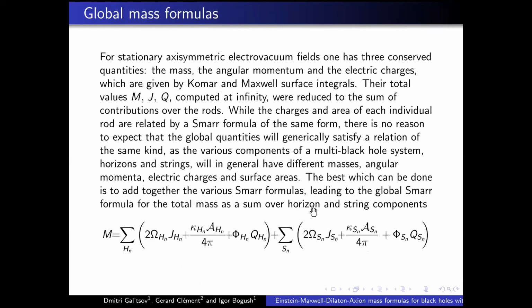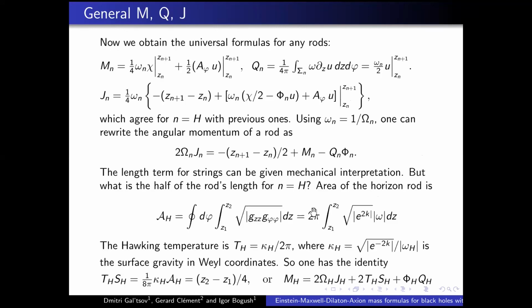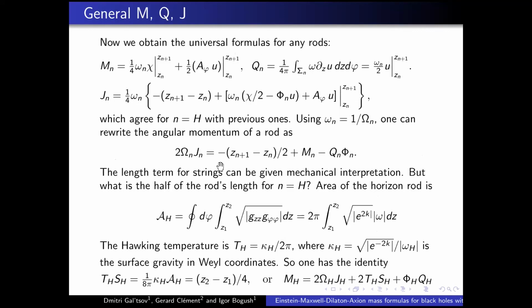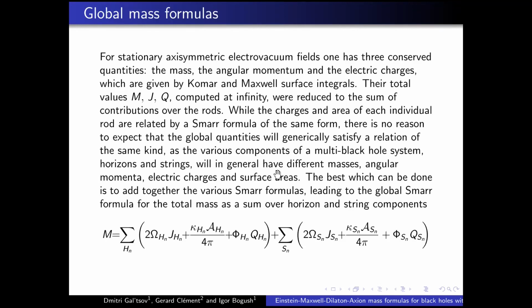Now, but what about the infinite? This quantity, which replaces your horizon, holds for any rod, including strings. Now, for infinity, the common mass at infinity cannot be expressed in a universal form, because we don't know which string singularities are present, and for each configuration it will be something special.